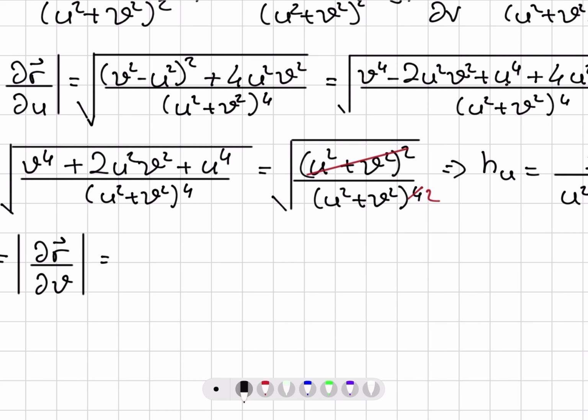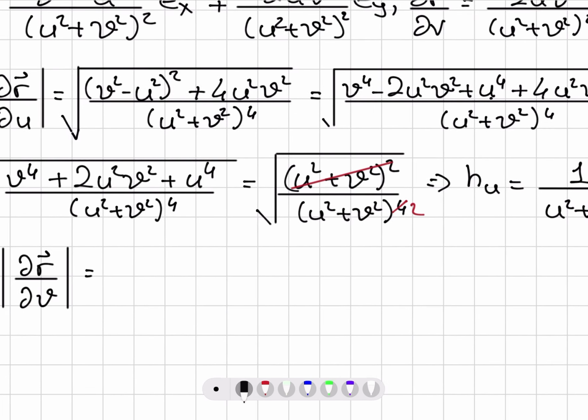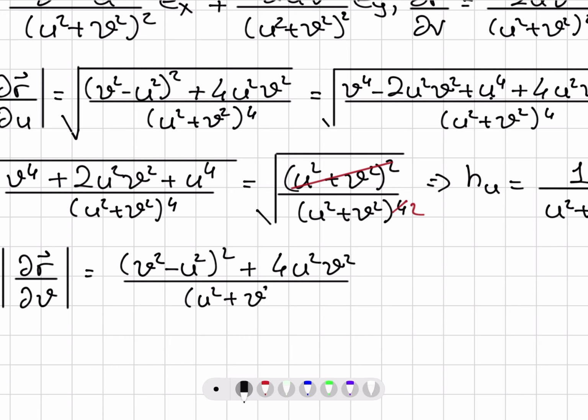So this will give me, once again, (v square minus u square) parentheses square plus 4u square v square divided by (u square plus v square) to the fourth power, and then I'm taking the square root.